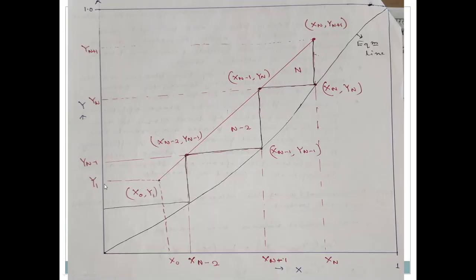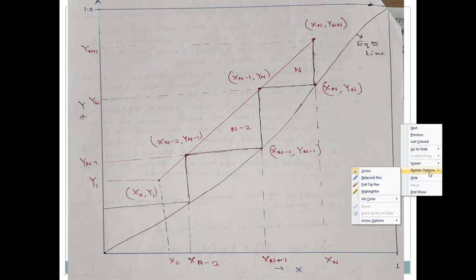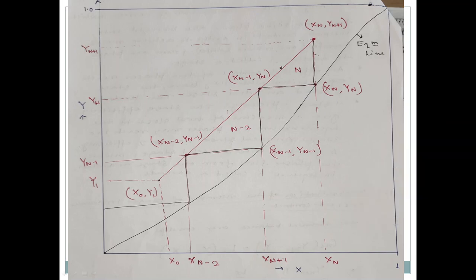So if you take X0 and Y1, that slope is Ls by Gs. This is your operating line, and this is your equilibrium line.